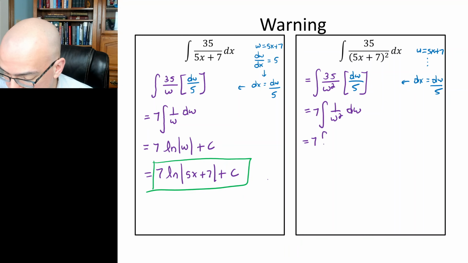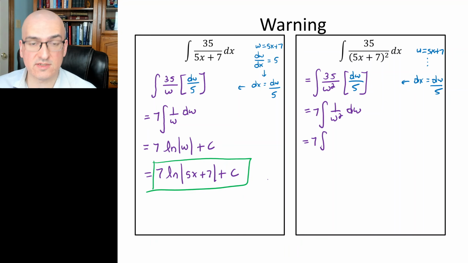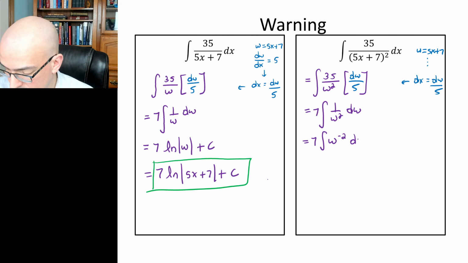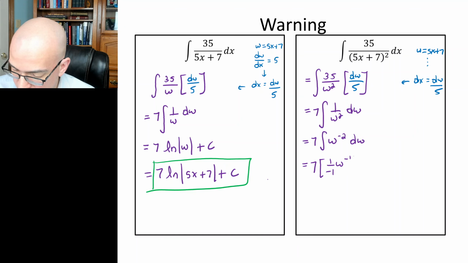That's a special case, right? We go back to the normal case. Any power except power negative 1. This is power negative 2. This is just the anti-power rule. So 7 times 1 over negative 1, w to the power of negative 1 plus c.